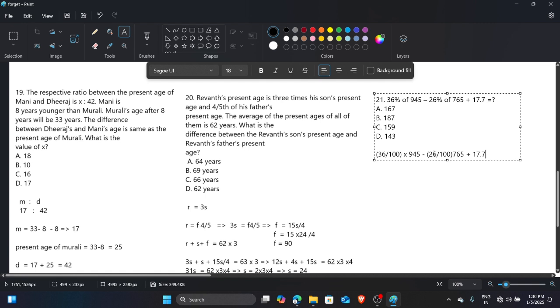What could be the answer here? There is no problem.